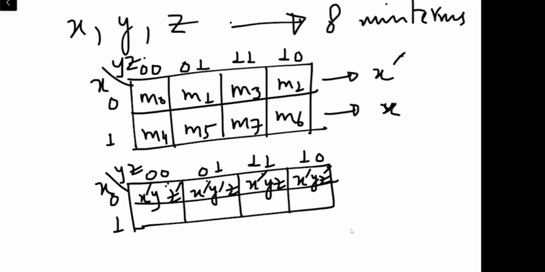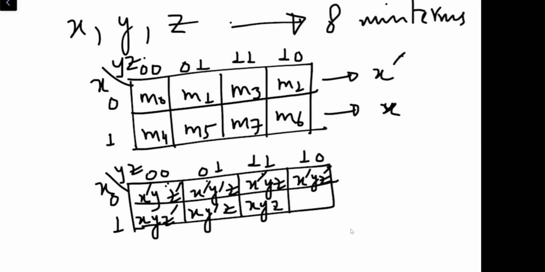Then m of 4 is represented as x, y complement, and z complement. Then m of 5 is x, y complement, and z. Then m of 7 is represented as x, y, and z.